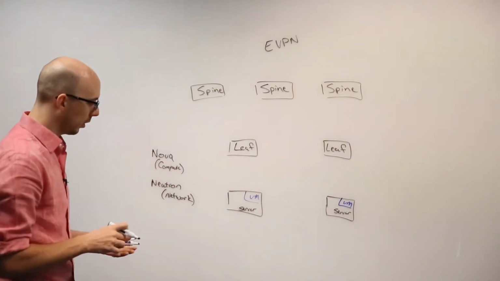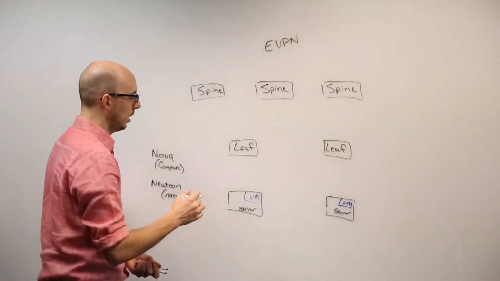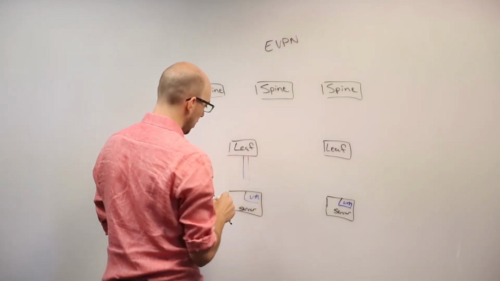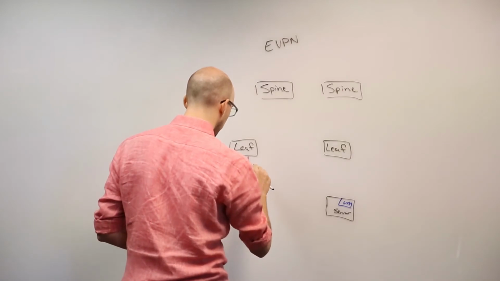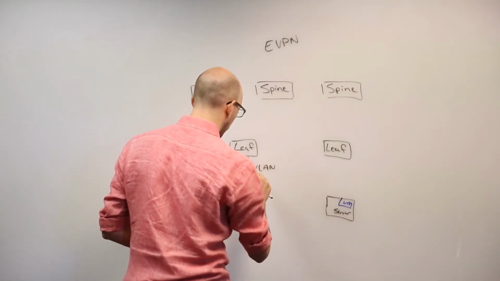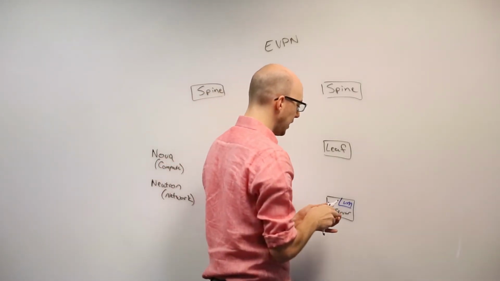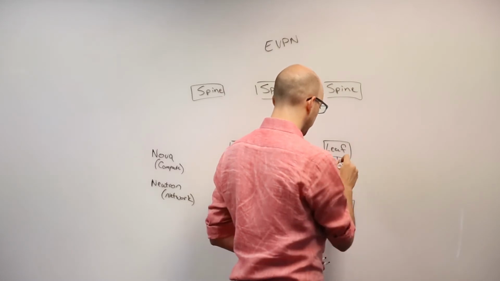And so the way this works is that on all of my top-of-rack switches, I'm going to provision layer 2 VLAN trunks on all of my server ports, even before those tenants exist on those top-of-rack switches.